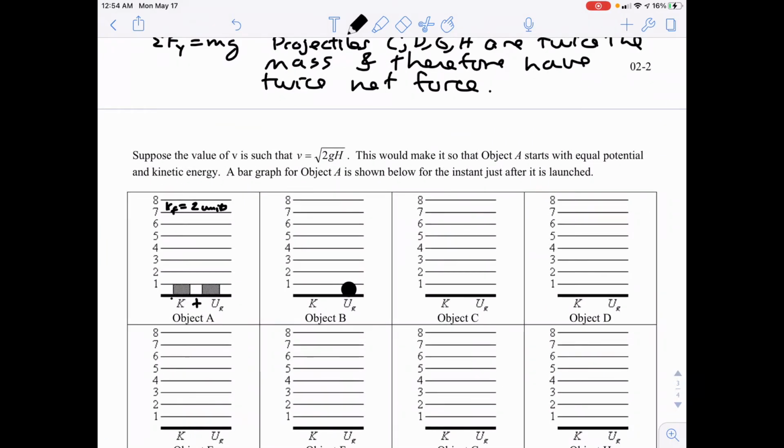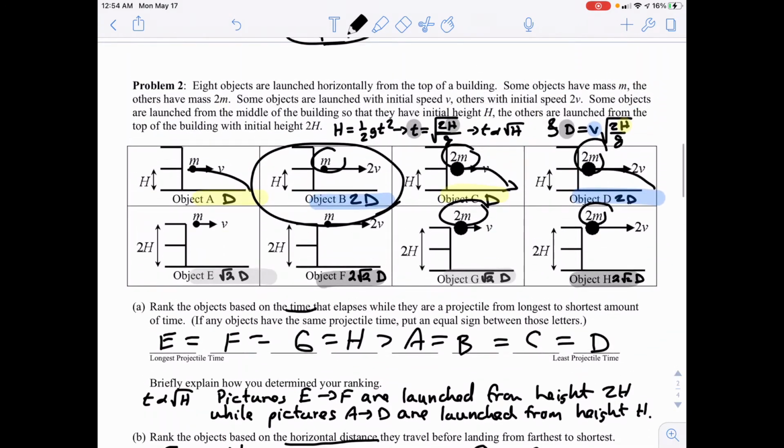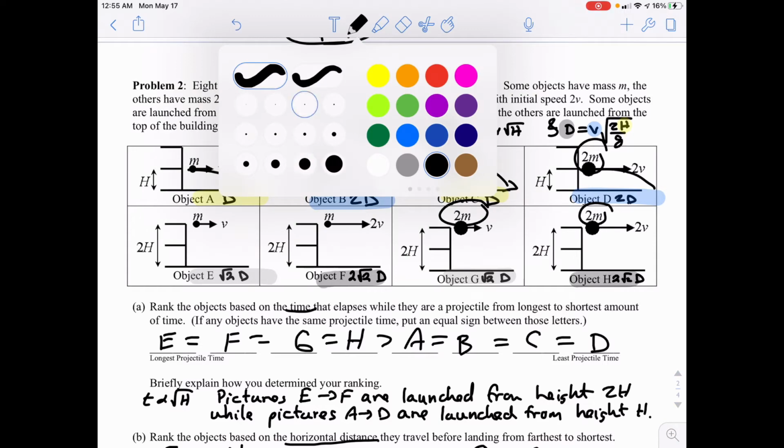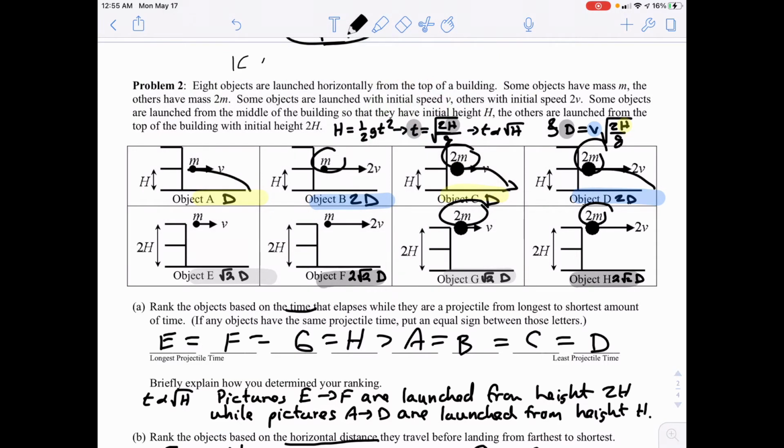But then the kinetic energy is going to be a little different. See, the kinetic energy is twice the speed. So since kinetic energy is proportional to v squared, and potential energy is proportional to mass and proportional to h.